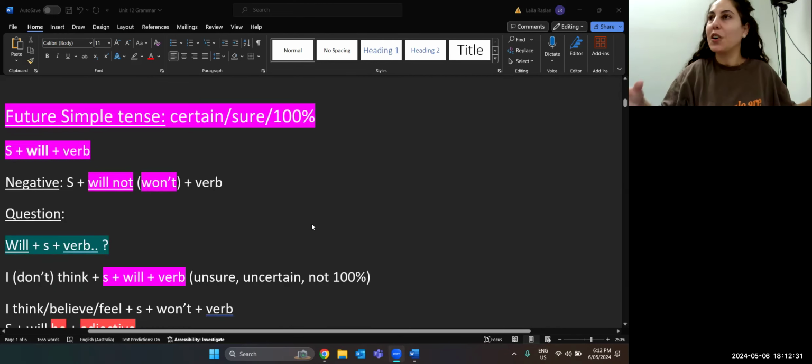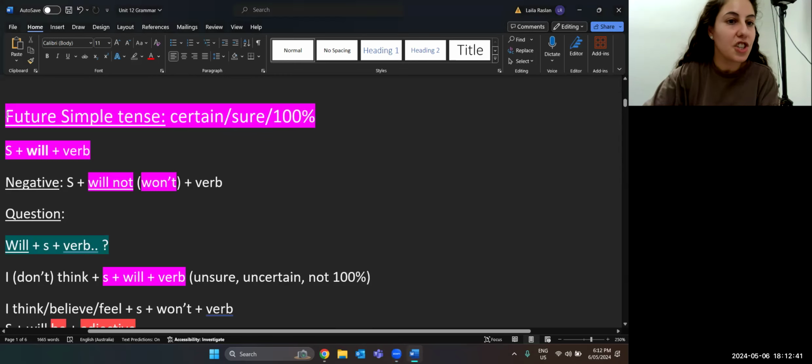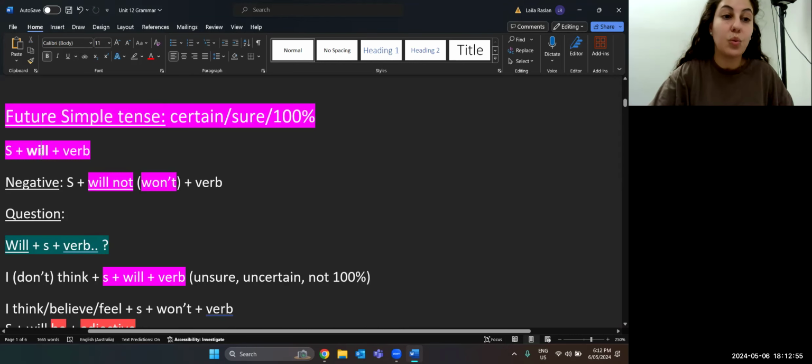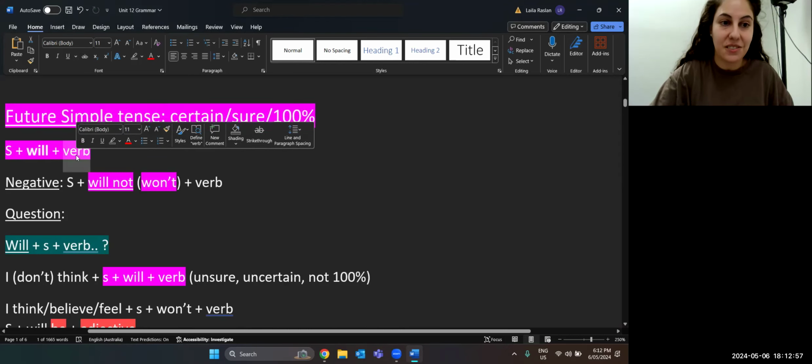I just want to talk about the grammar rules first, because I always think it's best to know the rules and then to practice some exercises. So when we use the future simple tense, because there are many ways that we can talk about the future, but the first one, which is just a simple one, we use the word will before the action.